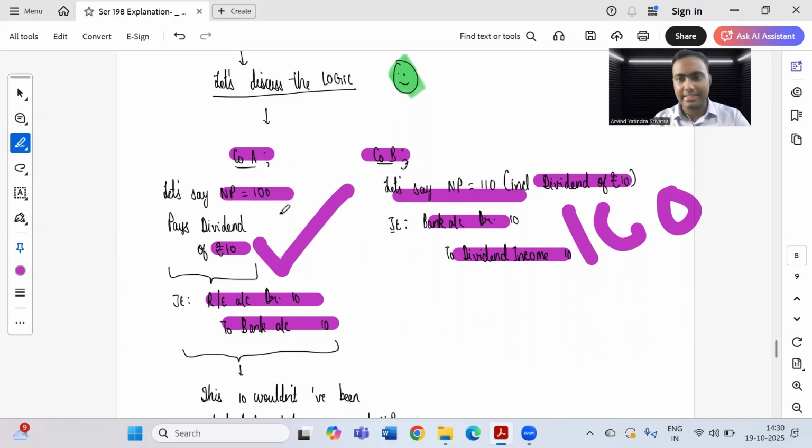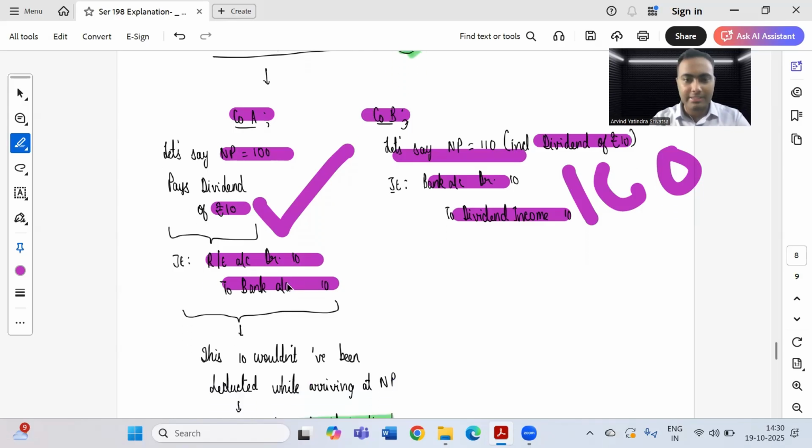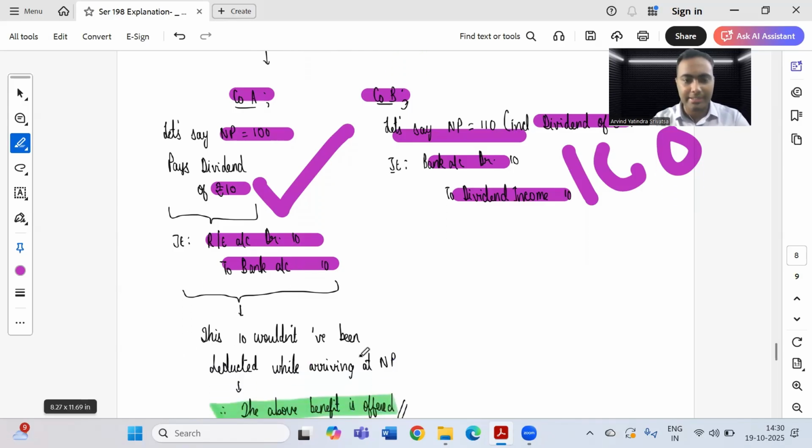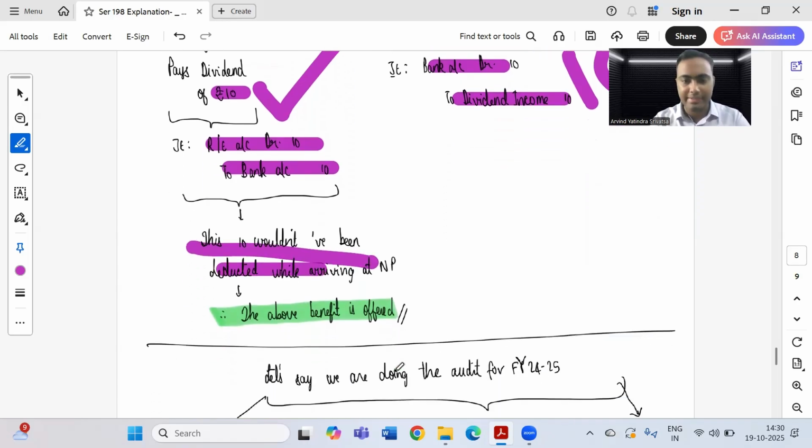Since company A is not getting the deduction, this 10 will be subject to CSR, and if company B also does not get the benefit, there will be a double CSR application, which is not right. That is why the section says you take 110 minus 10, because CSR has already been applied on the 10 here. This 10 wouldn't have been deducted while arriving at the net profit. That is why this benefit is offered. I hope this is very, very clear, guys.